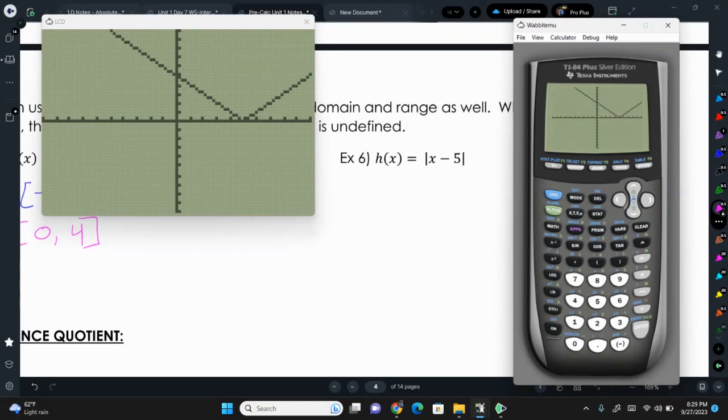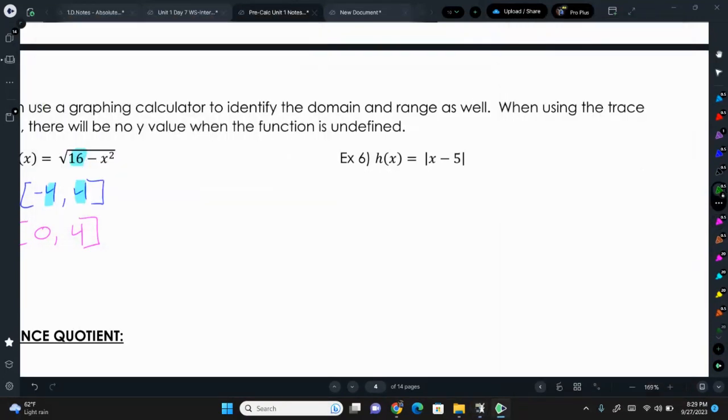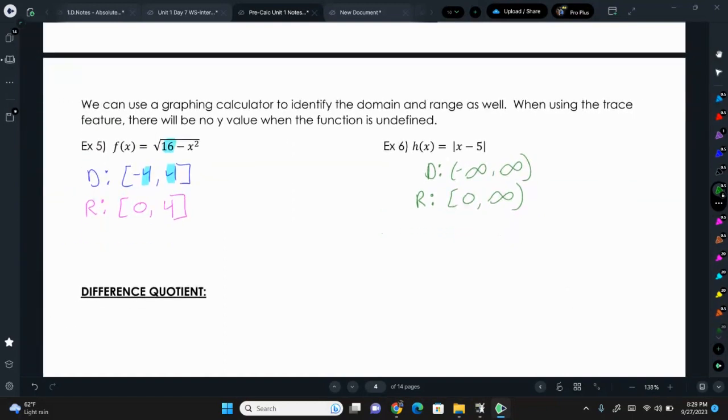We can plug in any value for x we want, but the y values never go below 0. So our domain is negative infinity, infinity, and our range is 0, positive infinity. So that's just a way we can use our graphing calculator to help us with domain and range.